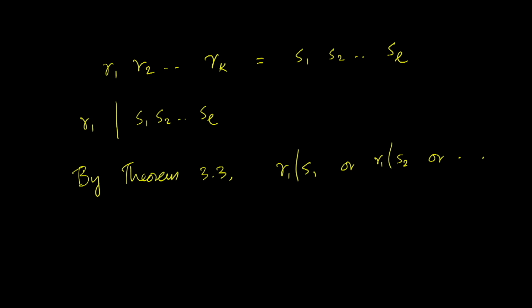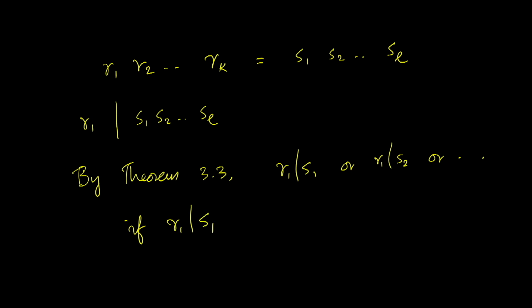Now, R1 is a prime, and if R1 divides S1, which is also a prime, then R1 equals S1. So, R1 must equal one of the primes on the right hand side, which is a contradiction. That is because we have already cancelled all primes that appear on both sides.